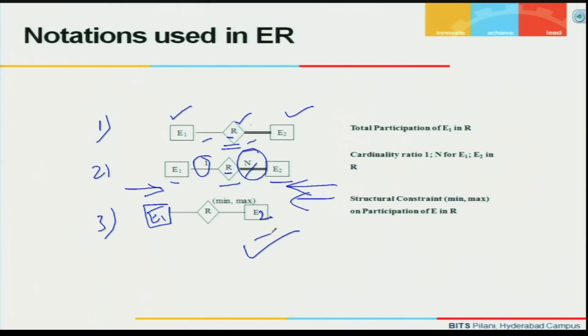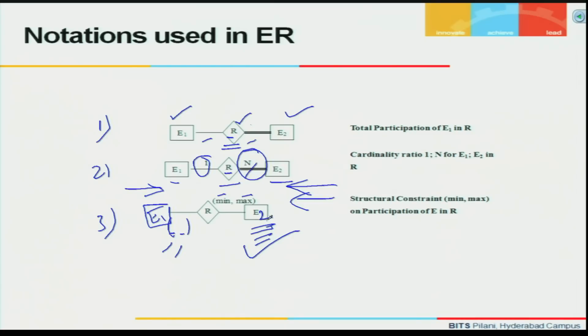Each instance of E2 type is involved in a relationship with a minimum of this and a maximum of this number of instances of the other type. Similarly, here also I can specify minimum and maximum, which reads like each instance of E1 type is involved in relationship with a minimum of this many and a maximum of this many instances of this type. That is how we can read cardinality, participation, and min-max constraints in ER modeling.